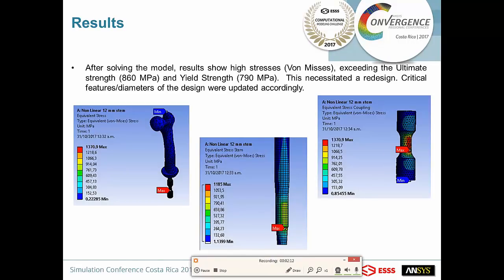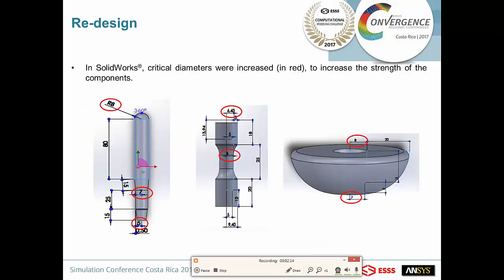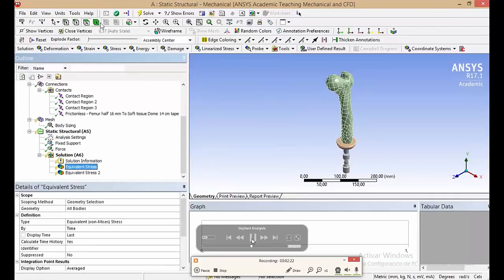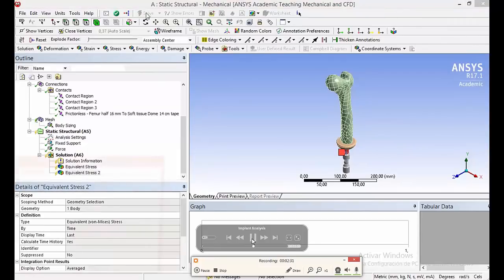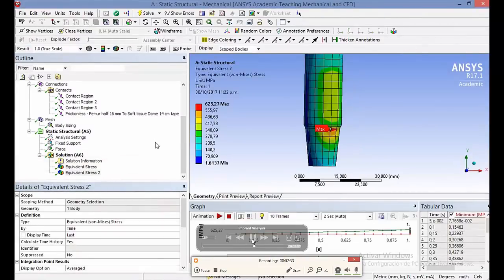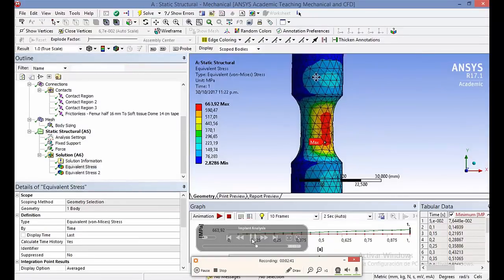So what we did was to redesign, changing some diameters and increasing them in order to increase the strength of the components. We did the analysis again, we solved, and we got the following results with the redesign. Now the stem has lower stress, and also the coupler.